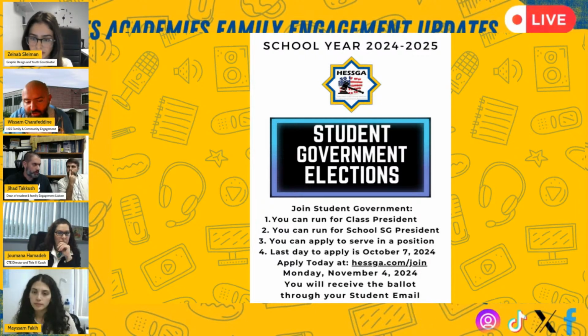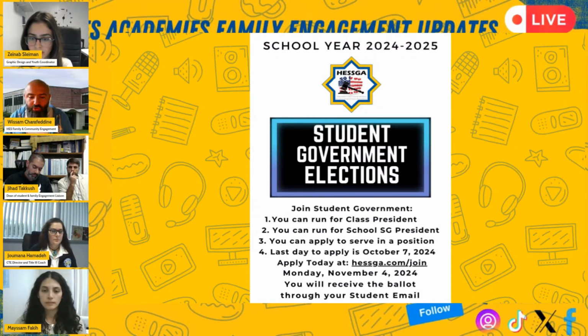And it's an off day for students, by the way. It's a PD day for staff, which is Tuesday, November 5th. There's no school for students, but there is a professional development day for all teachers and administrators.